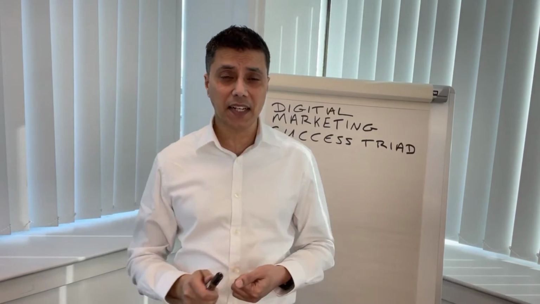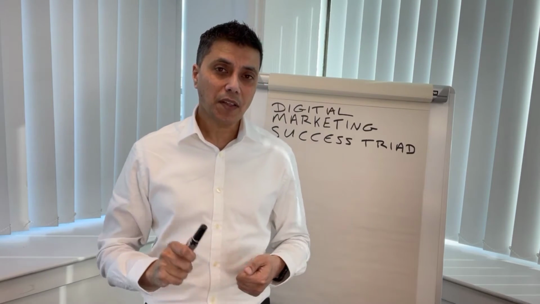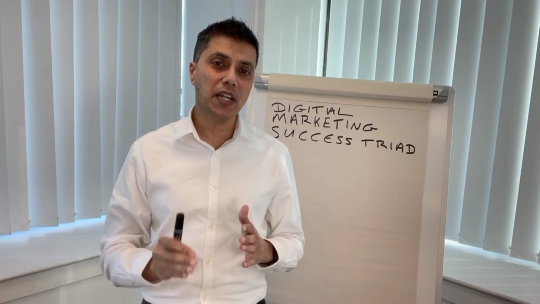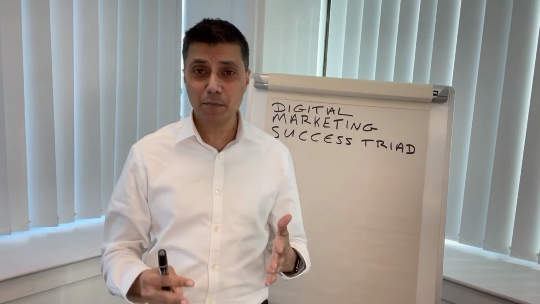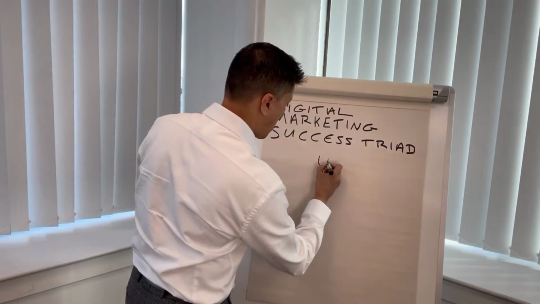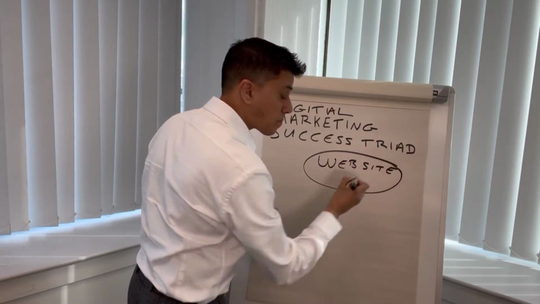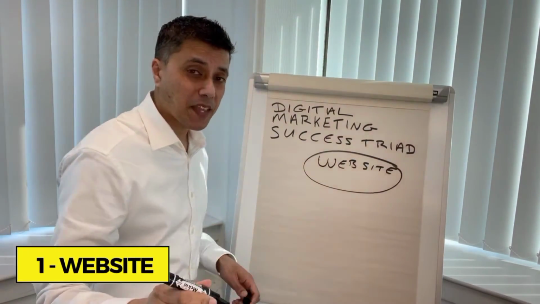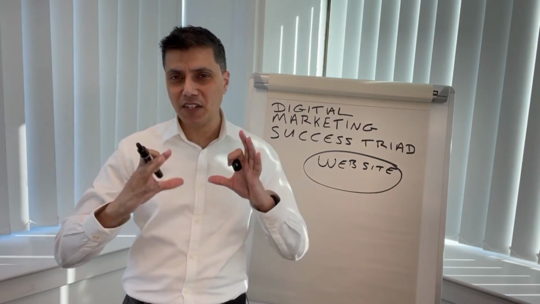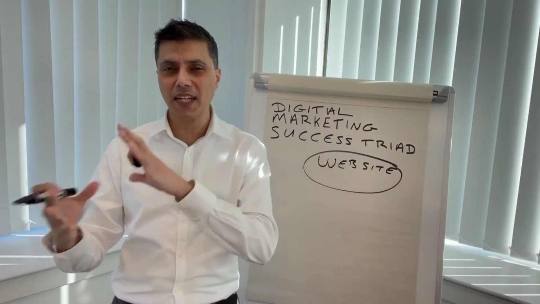So the first thing that you need to make sure is carried out well when implementing a Google Ads campaign or any digital marketing campaign is your website. Again, this is where a lot of people underestimate. They carry on analyzing their Google Ads campaigns.